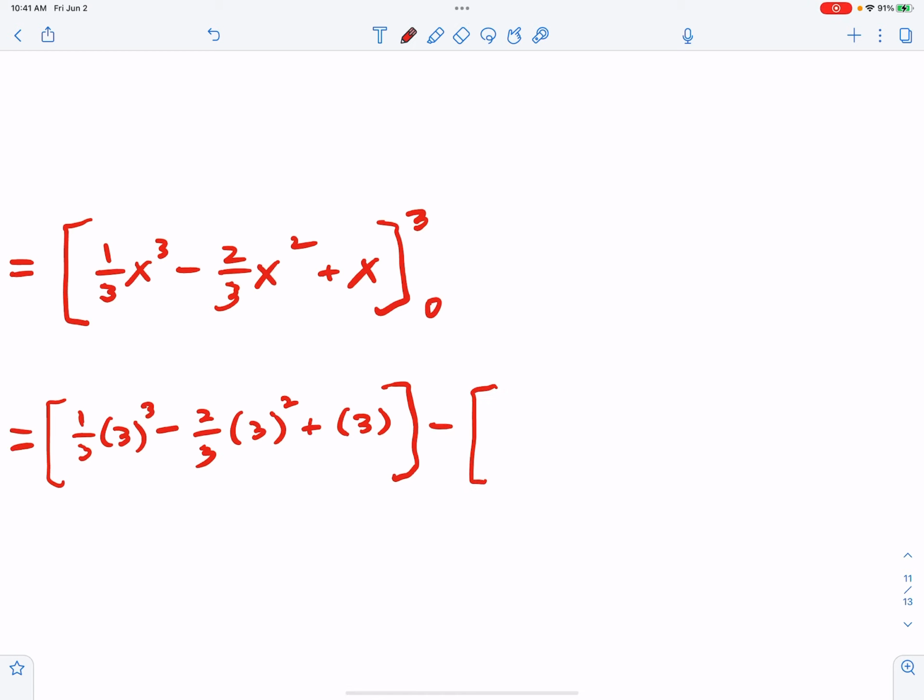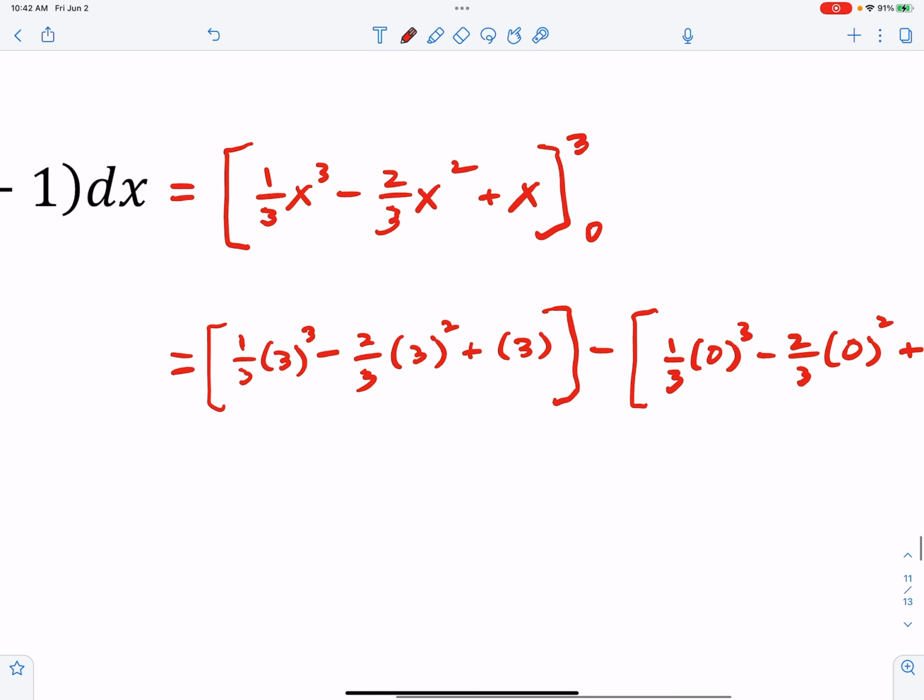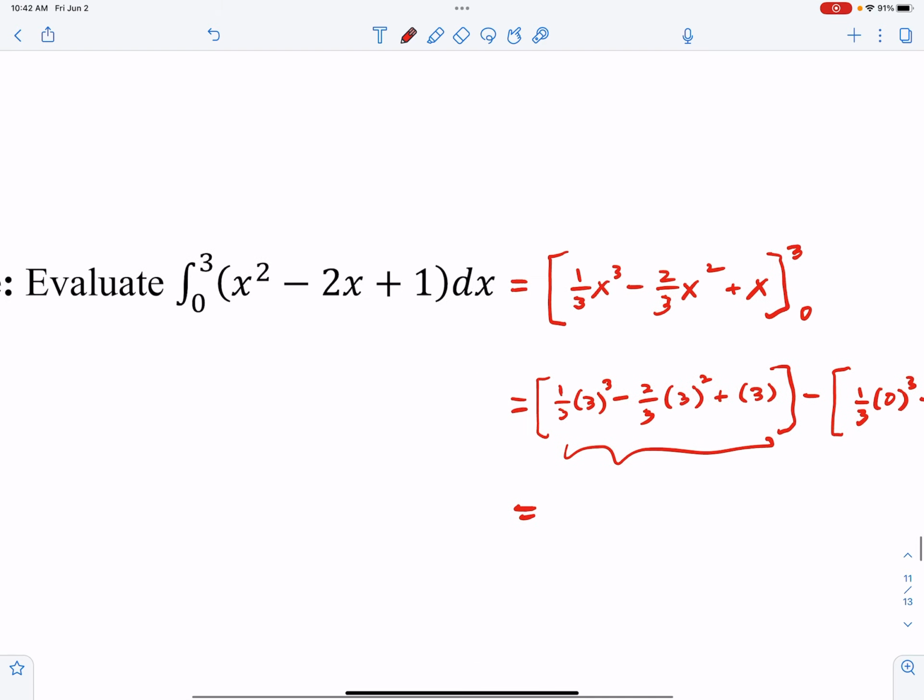I don't really have to write this out, but it demonstrates the fundamental theorem of calculus being applied. So this would just end up being equal to whatever that value is, which would represent the area bounded by the curve and the x-axis.